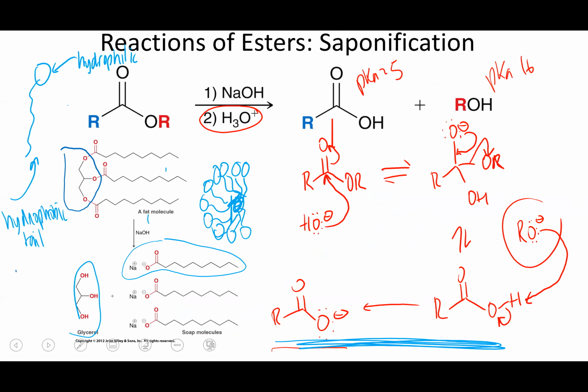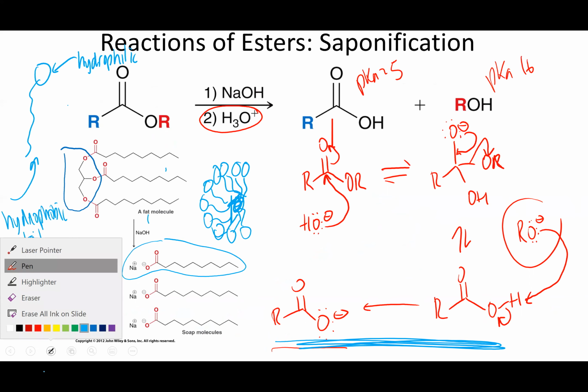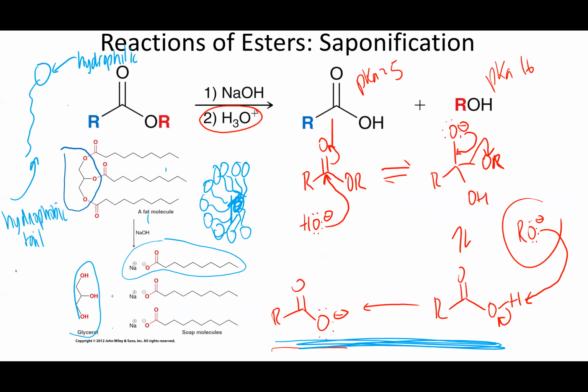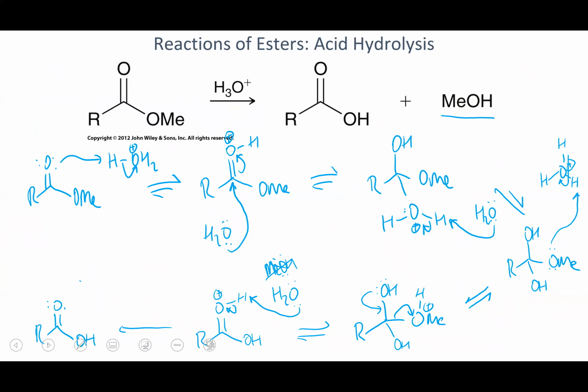on these fat molecules. Let's change the color here, but if we do something like methoxide here, we end up generating, instead of the sodium salt of the carboxylic acid, these compounds here. I'm going to switch to a blank slide.